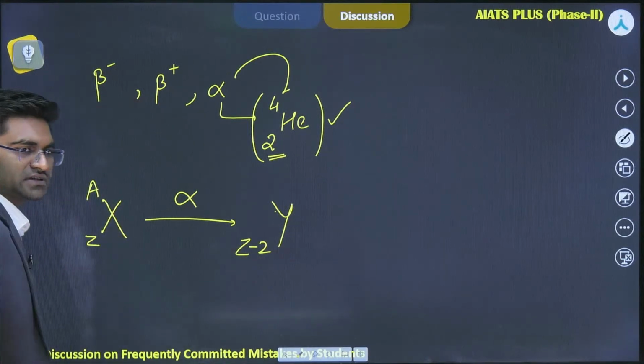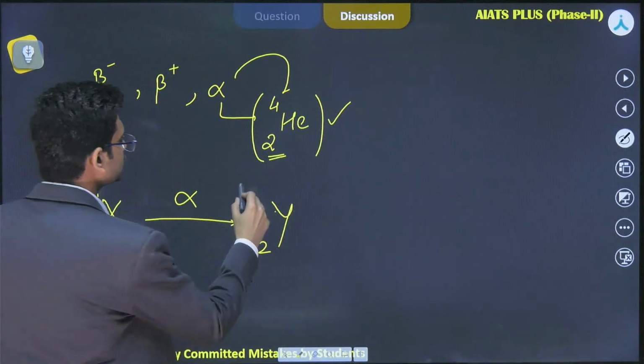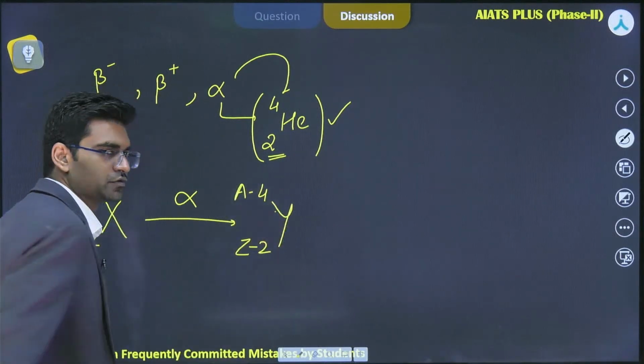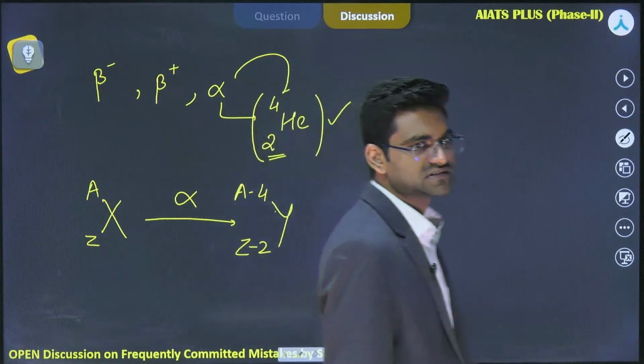Its mass number will be reduced by 4, so this becomes A minus 4. Alright, are you getting this? So this is alpha emission.